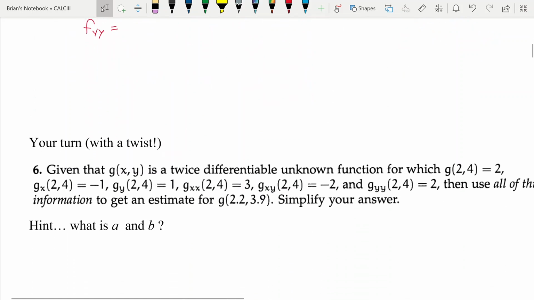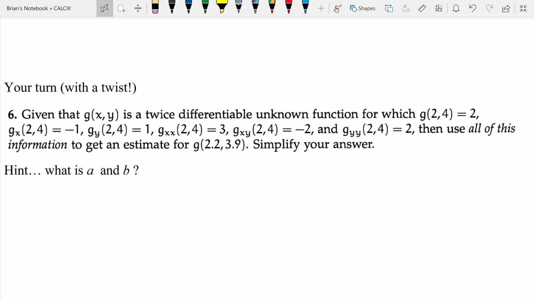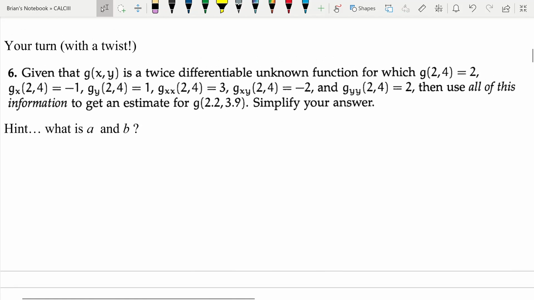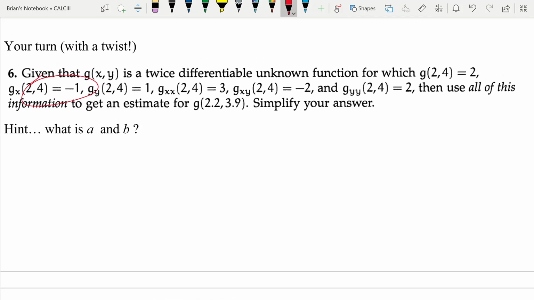Something that we did come up with: your turn with a twist. If you remember this from the exam, I believe this was the fall exam that I'm pulling this from. They gave you the derivative values, so they gave you what those numerical values were, and then they wanted you to get the estimate and simplify your answer. So I'm going to see if you guys can recall this as a little final exam prep.